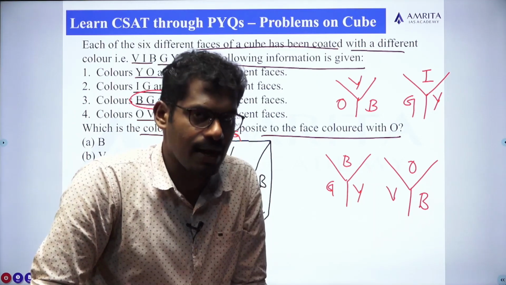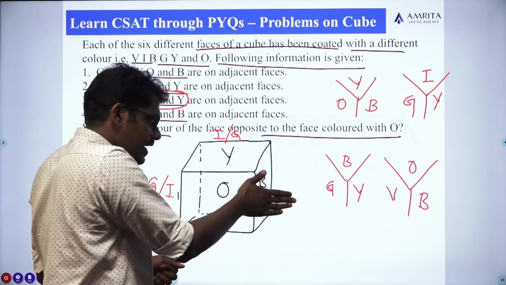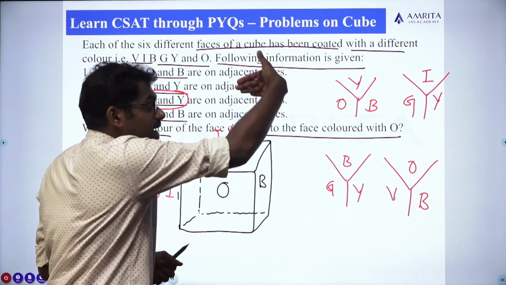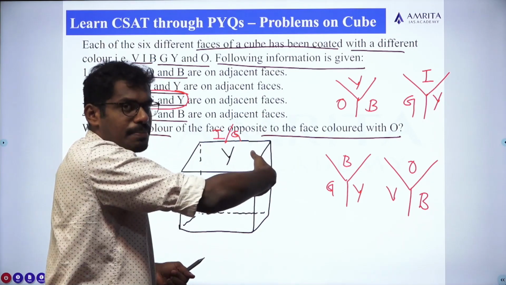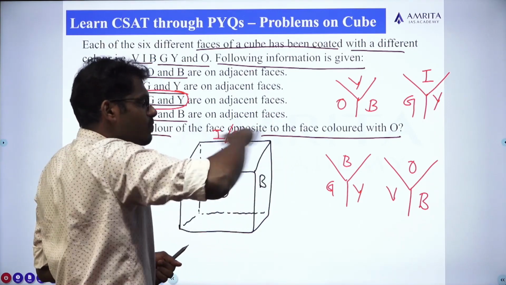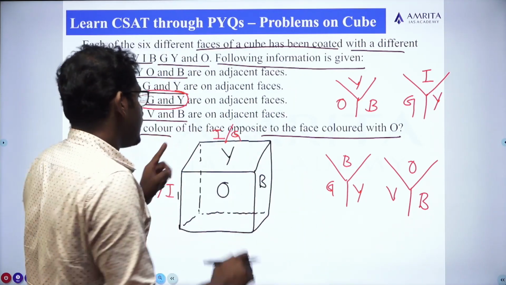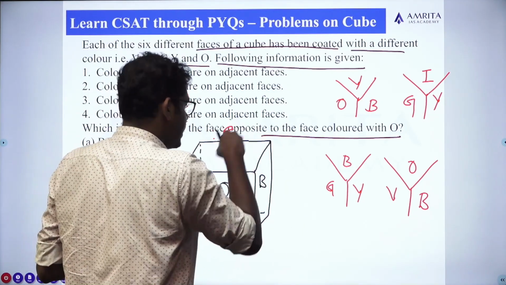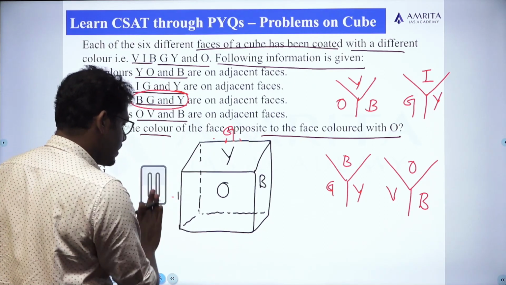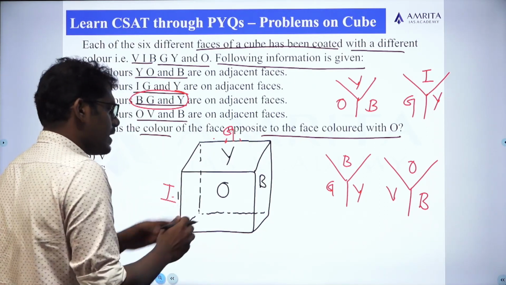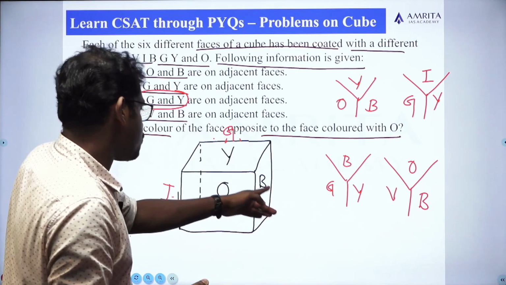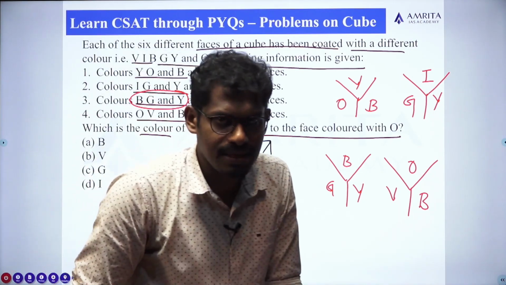I think you got the idea. B is at the right side, Y is at the top side. If G comes at the back face, then G, Y, B can be adjacent faces. So what can we write? G will come here. If G comes there, then I will definitely come at the left face, that is the face opposite to that of B. Clear?